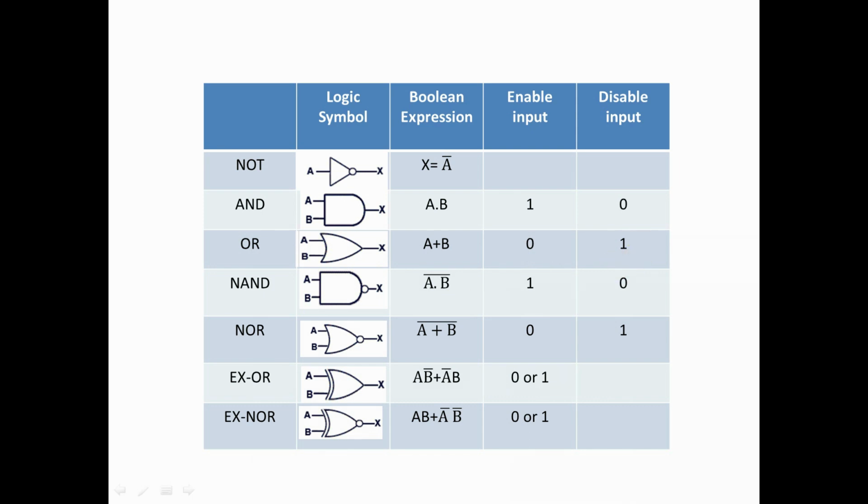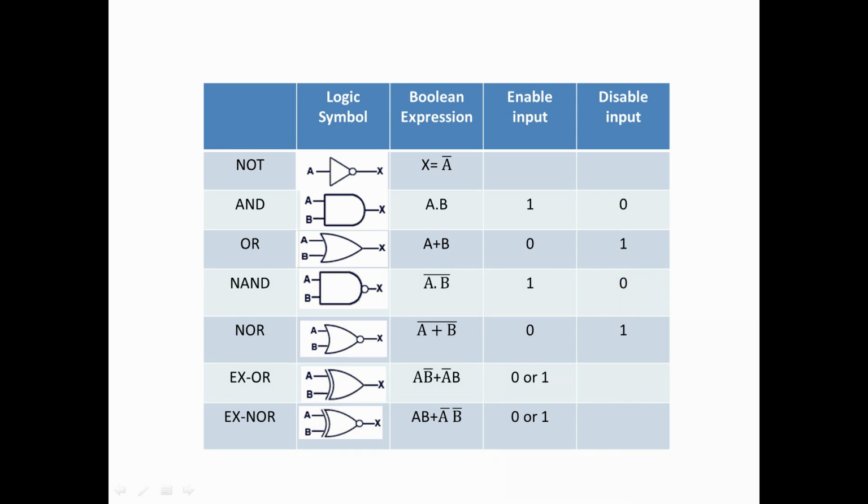For NAND gate, if one of the inputs is logic 1, the output depends on the other inputs. That is, the enable input is logic 1 for the NAND gate. If you give 0 to one of the inputs of the NAND gate, the output is 1 irrespective of the other inputs. That is, the disable input of the NAND gate is logic 0.